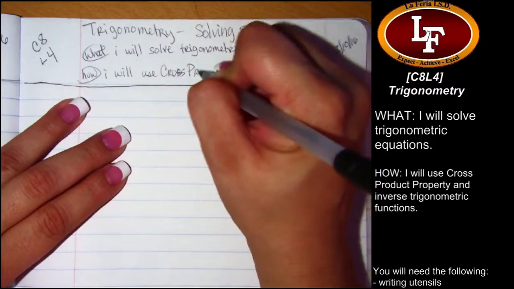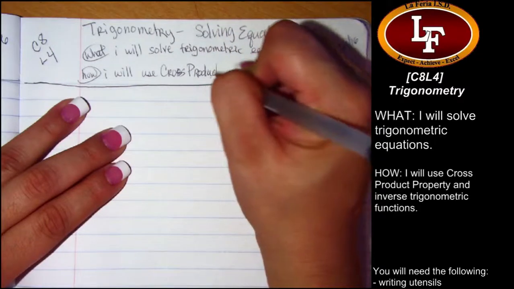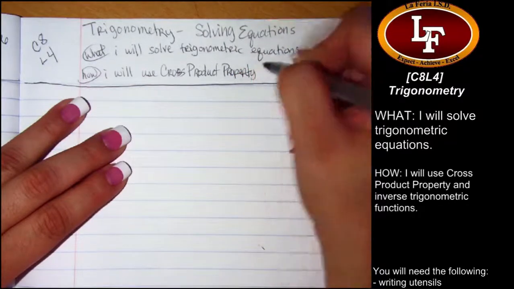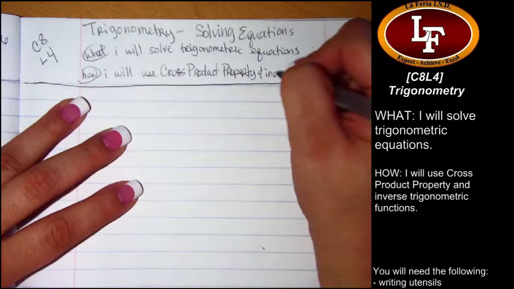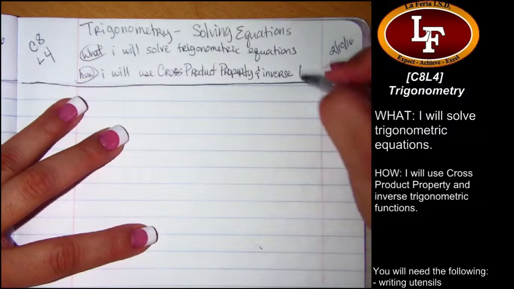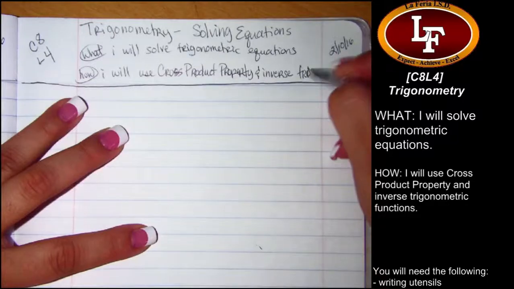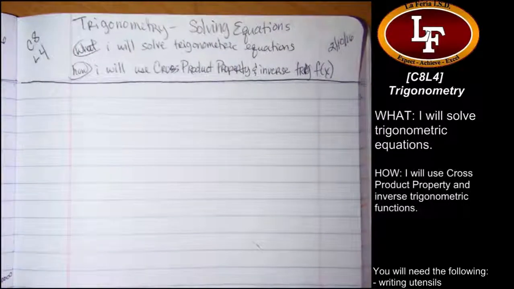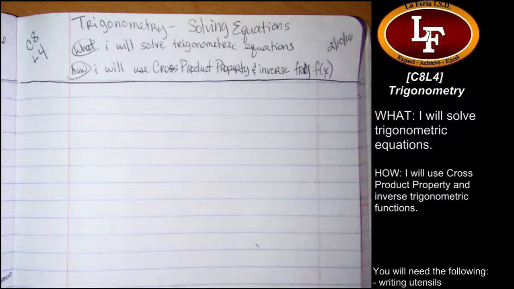Reminder, what is the cross product property? Yeah, it's cross multiplication. Yep. Because you chose to do the extended version today, we're also going to talk a little bit about the inverse of our trig functions and ratios. I'm abbreviating in my version. You have the long version there to the right.